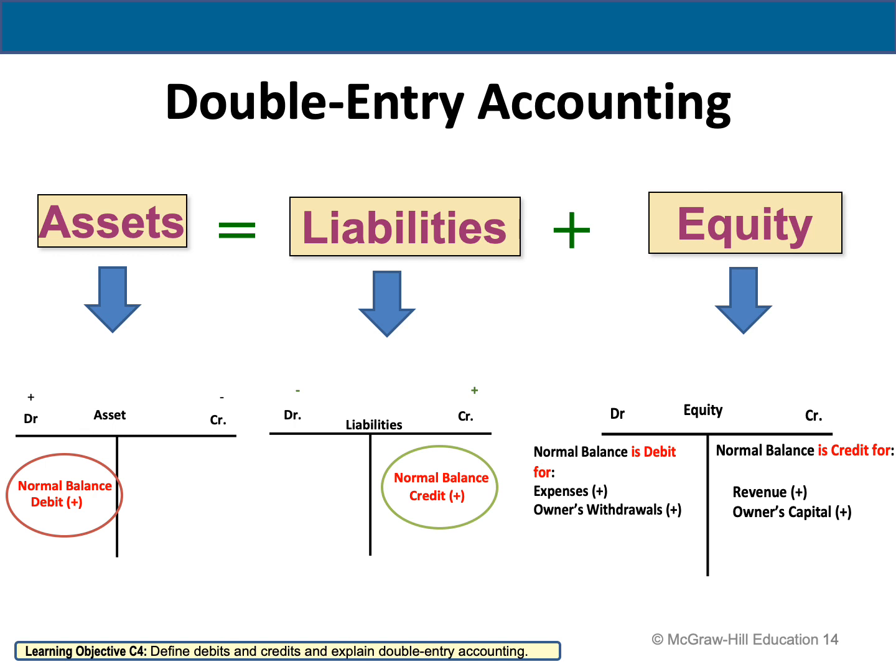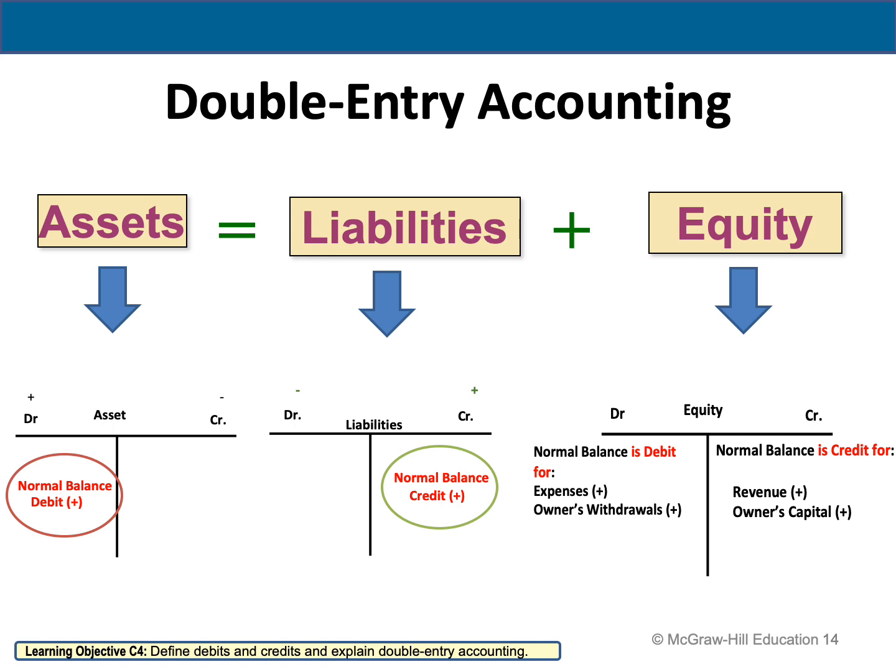For equity, you have to pay attention. As we mentioned earlier in this chapter and in chapter 1, equity includes 4 components: capital, withdrawal, revenue, and expenses. Let's take the first example.